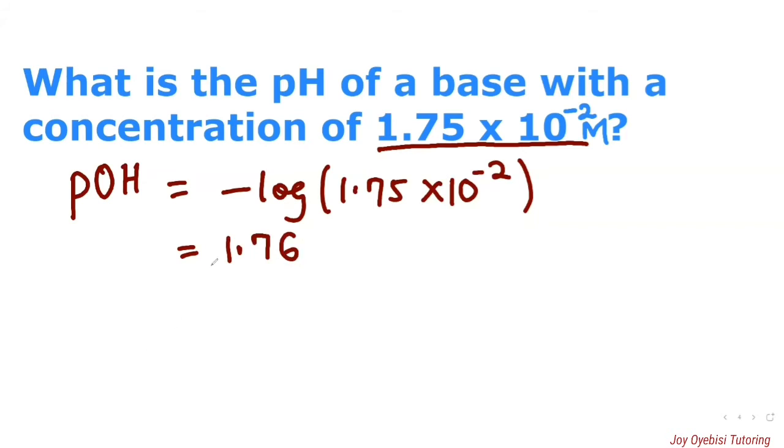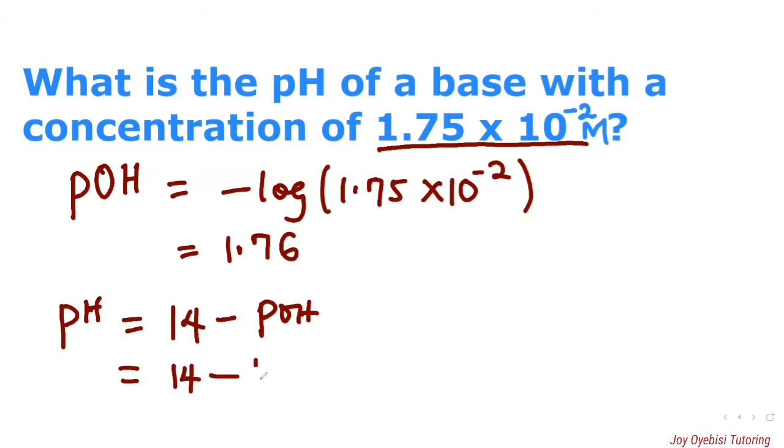So now that we have the pOH, we can then go ahead and use pH equals 14 minus pOH. And since we know our pOH to be 1.76, I'm just going to say 14 minus 1.76. Therefore, my pH of this solution is going to be 14 minus 1.76, and that is going to give us 12.24.